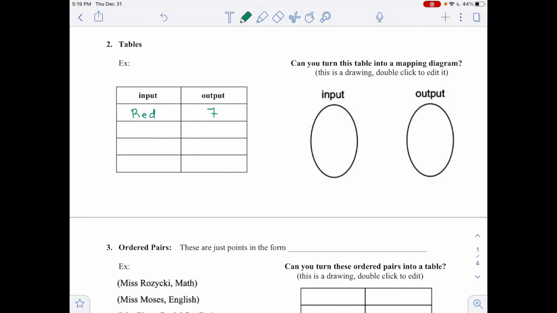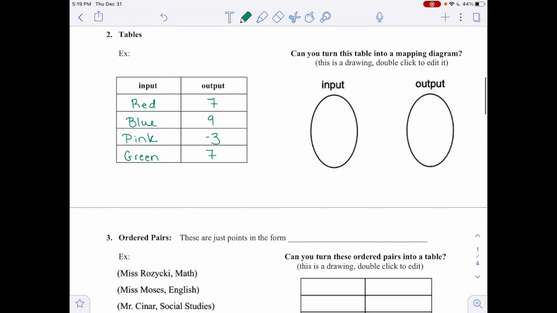If my input is blue, my output is going to be 9. If my input is pink, my output's going to be, I don't know, -3. And if my input is green, that will also output 7. So I've created my table.